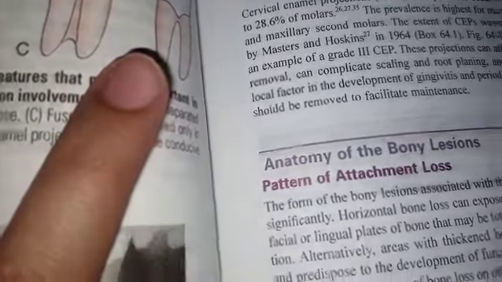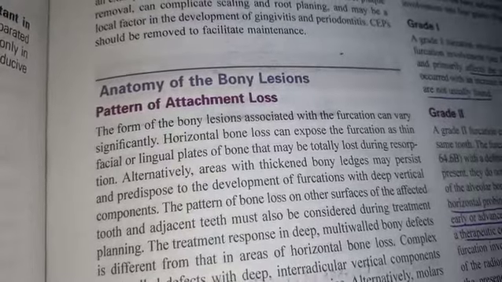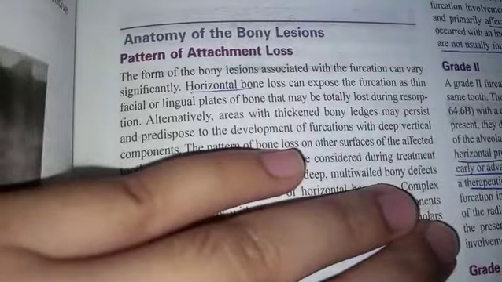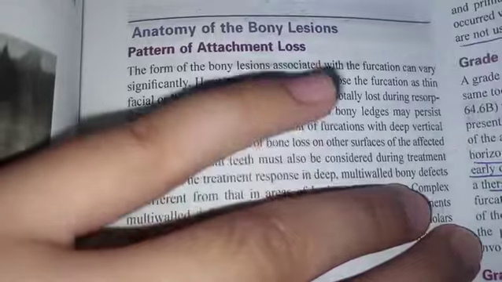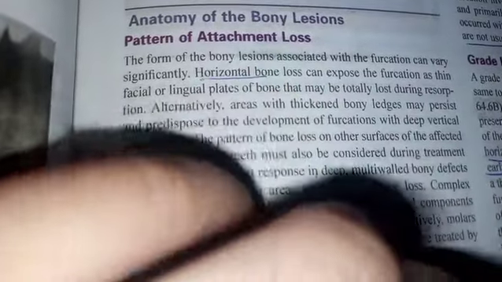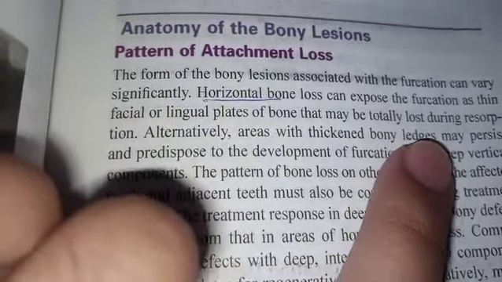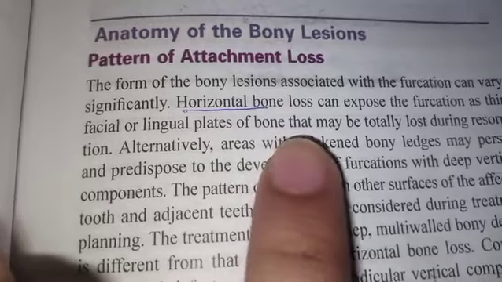Now, we will discuss the anatomy of the bony lesions, like pattern of attachment loss. Furcation is very important because it is associated with bony lesions. Horizontal bone loss exposes a furcation, and in this the lingual and facial plates are thin.